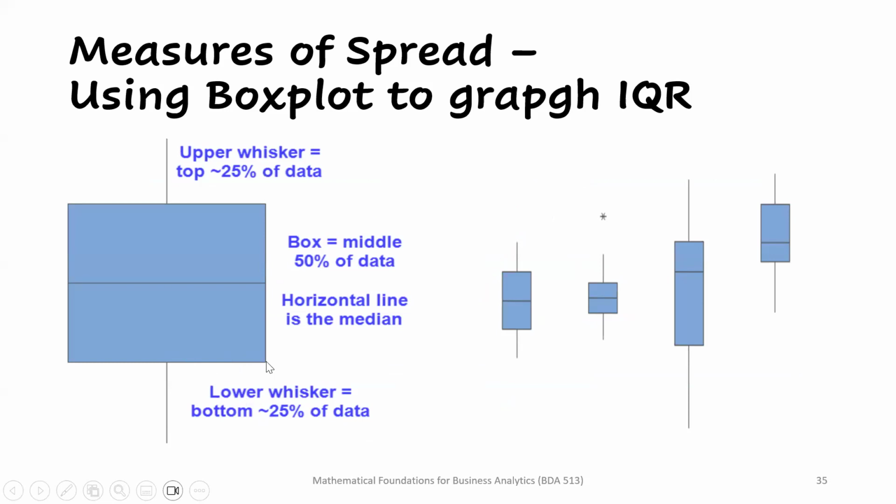The Q1 at the bottom of the box is where you have your 25th percentile. That tells you that 25% of the data is below this, up to the point of the straight line going to the bottom. Now your Q2 is the median. You see the horizontal line in the box. That's your Q2. And then your Q3 is at the top of the box. That's your 75th percentile.